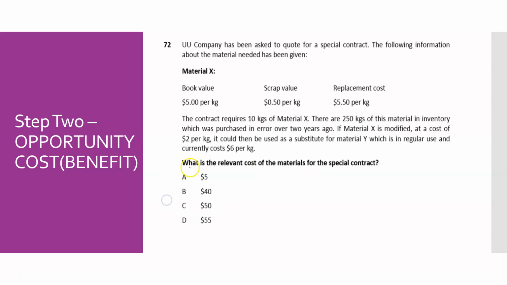I say nothing is free, and this is a good example to explain this. So you have this UU company which has been asked to quote for a special contract, and the following information about the material needed has been given. This contract requires 10 kilograms of material X. And it says you have 250 kilograms of this material, which was purchased in error over 2 years ago.